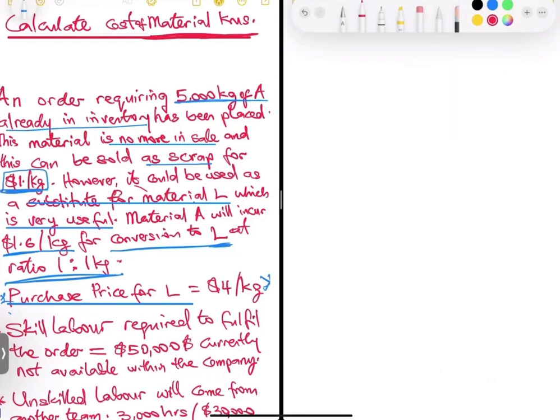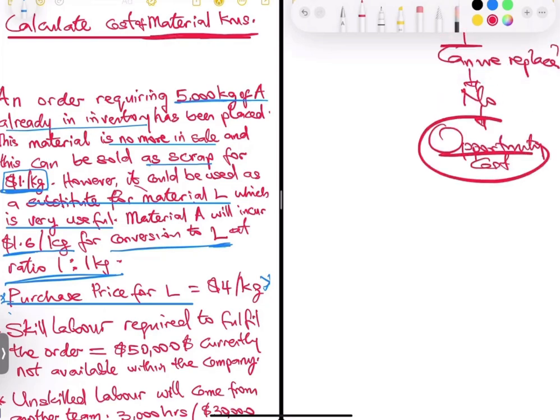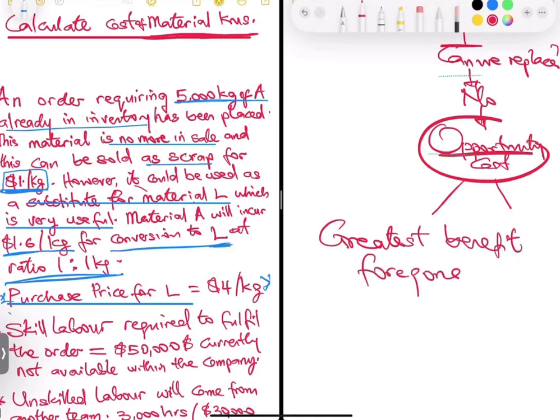Okay, so which means we now need to think about what is the opportunity cost. And the opportunity cost has to be the greatest benefit forgone. So what is the greatest benefit that we're going to lose if we decide to honor this order from the new customer?